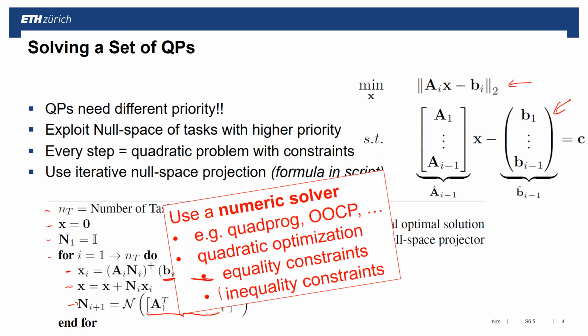But what is also very nice is that most of them also allow you to integrate inequality constraints, which means that we can not only make sure that something holds, but we can also say, for example, I want to make sure that my joint torque at joint 1 does not go beyond 50 Newton meters. So I can impose inequality constraints that only become active if necessary.